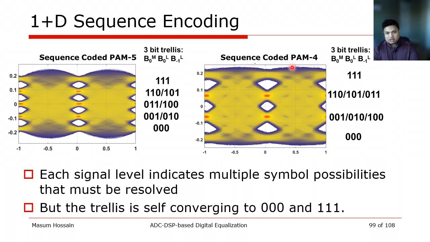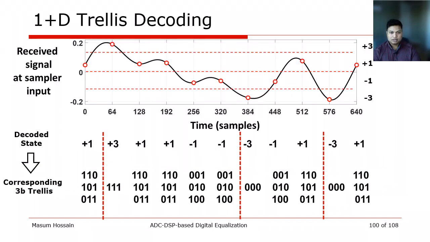Now these levels by themselves do not decode the sequence or the symbol, as each of them can be translated to multiple trellises. That is where the trellis decoding is needed. So imagine we received a signal with the red dots corresponding to each received sample.